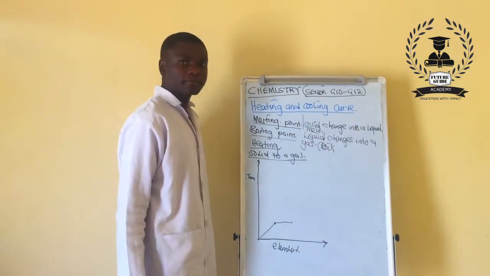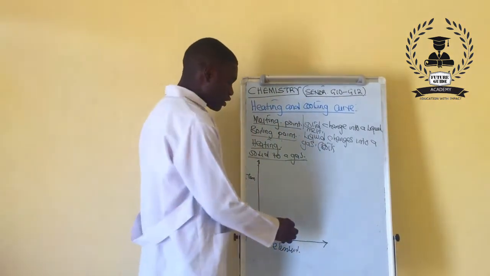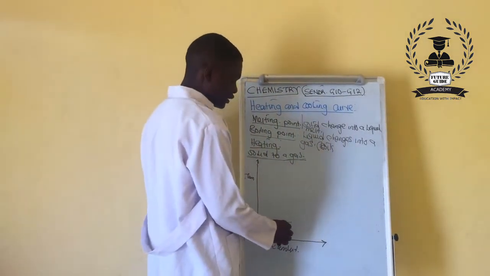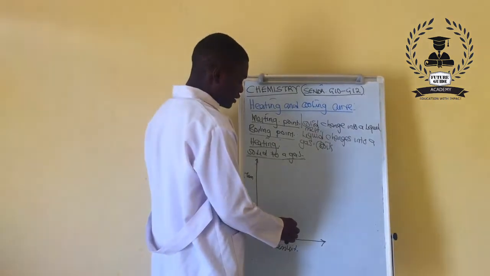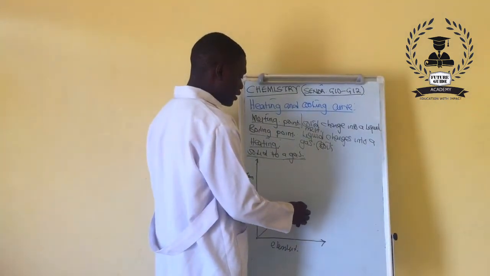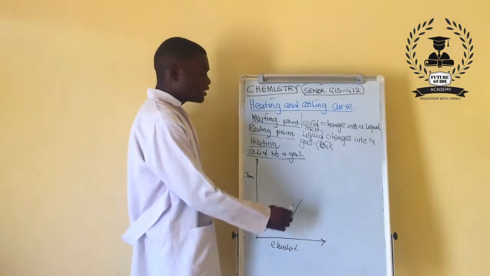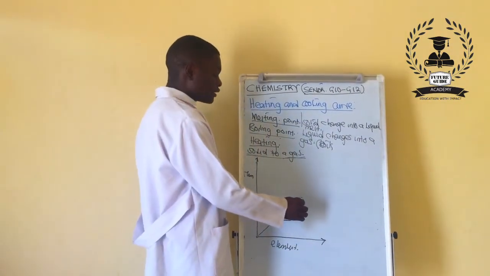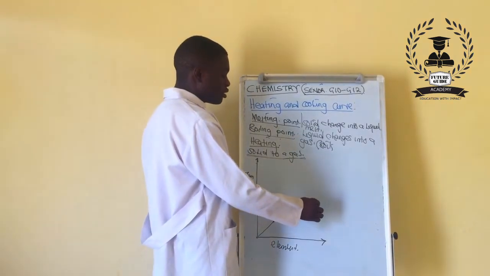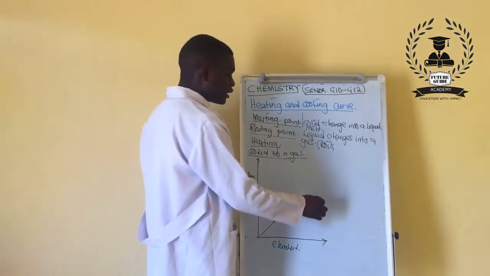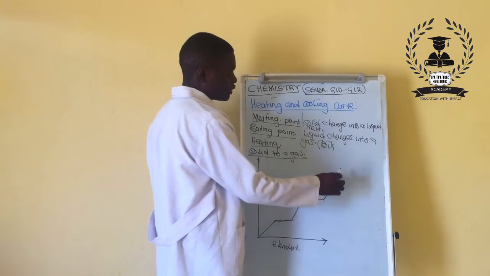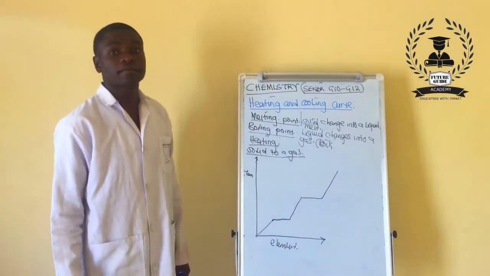Changing. Until it changes completely. And here it's what? A liquid. When it reaches the boiling point, it starts changing. It will go, and then lastly it reaches the gas.